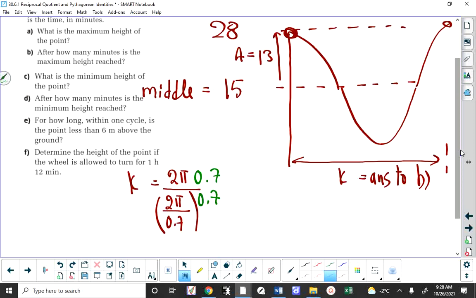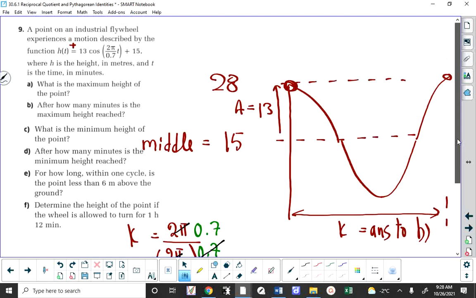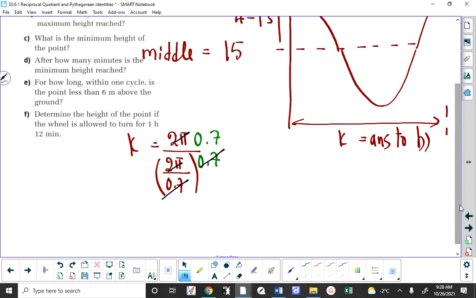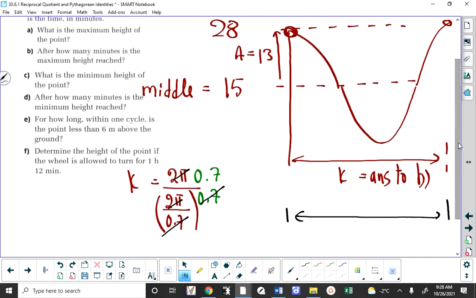So I'm going to multiply top and bottom by 0.7. What happens here is the 0.7s here and here cancel, the 2 pi's cancel. The period is 0.7 minutes, because I'm looking back at the question, I'm seeing minutes. So the distance, or the time, I suppose is a better way to put it here, between when the flywheel starts at the top and reaches the top again is 0.7 minutes, which is the answer to B.